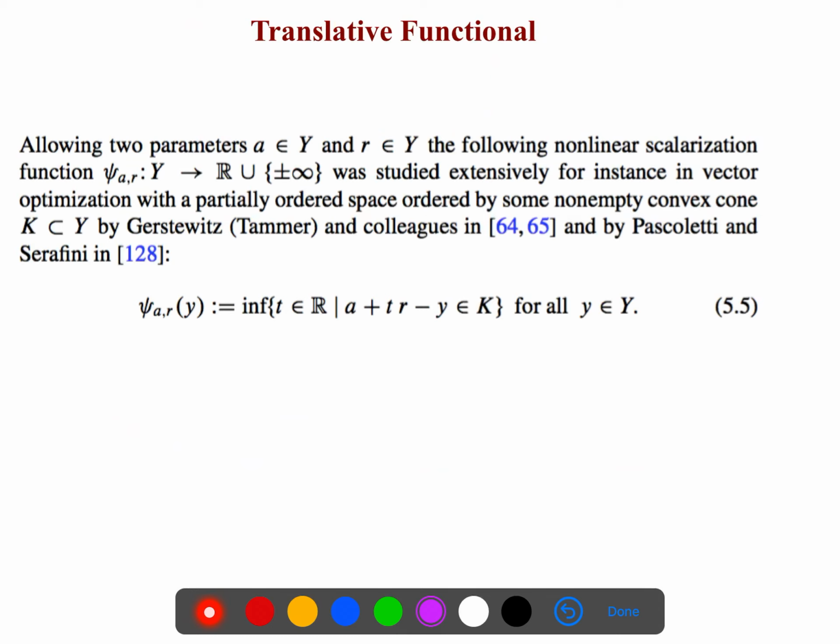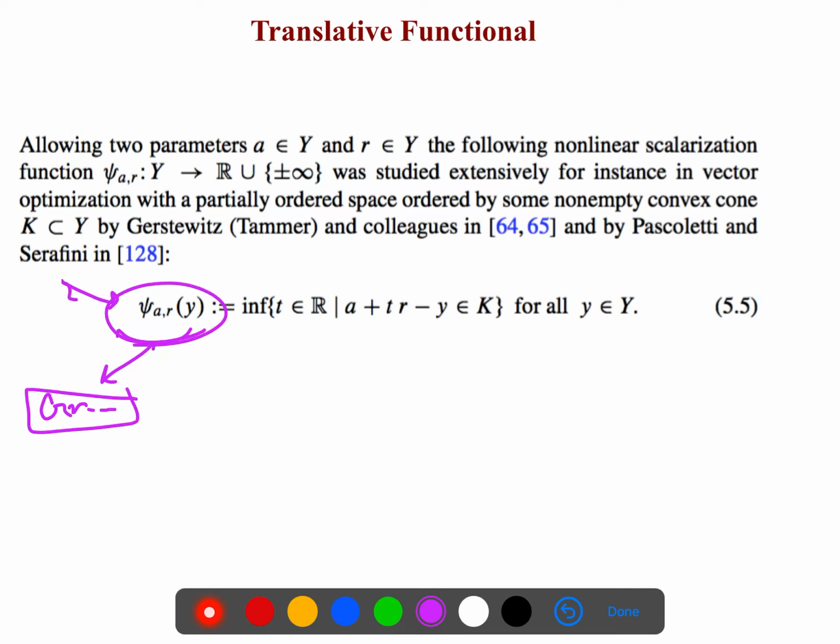So a particularly important translative functional is also called the Gerstewitz functional in Tammer's book, but our approach is based on BP cones, and you will see we define a general functional that covers this functional as well.